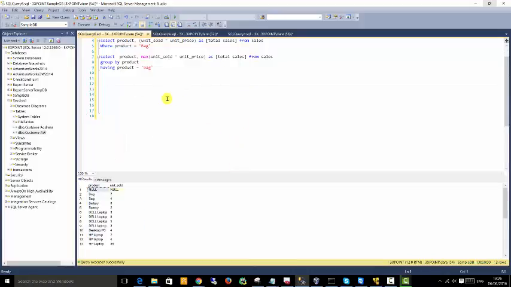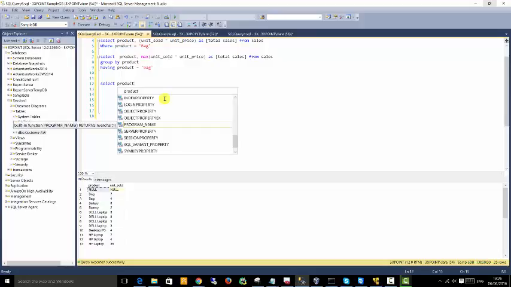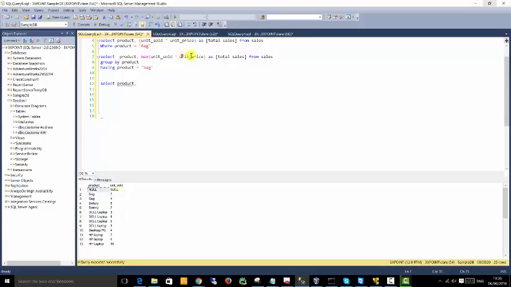It's really tiny. So if I did select product, and let's copy our total sales. Given our previous tutorials, you can see that we can actually write this another way. In case you noticed, we can actually do something like this. It's still the same thing.